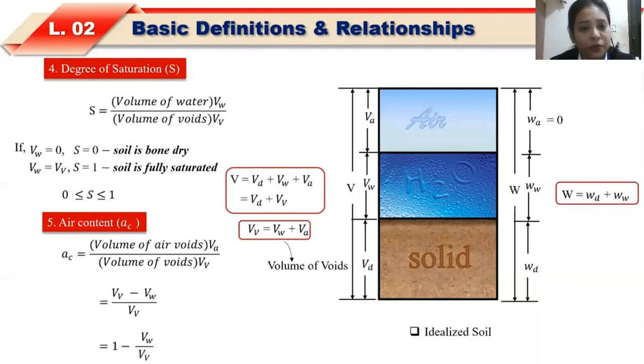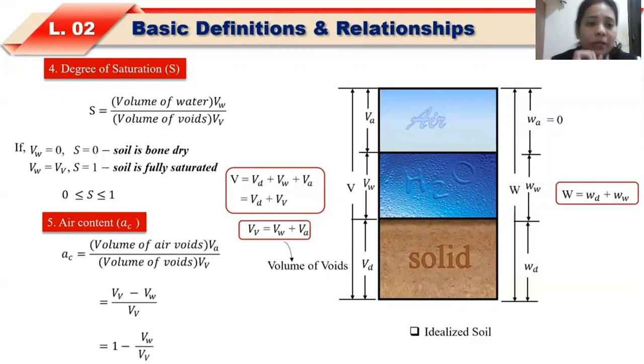Earlier, in the previous video, we have also discussed what will be the degree of saturation if soil is dry. So in a very common way, if soil is dry, that means all the voids are filled up with air only. That means there is no water.